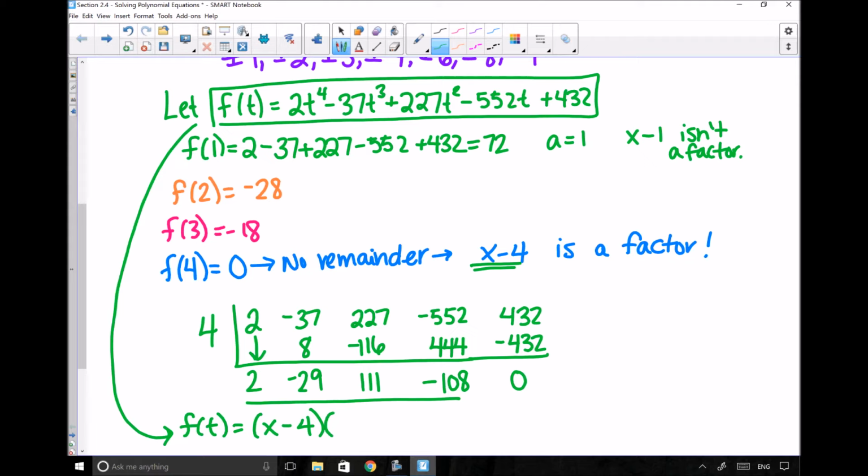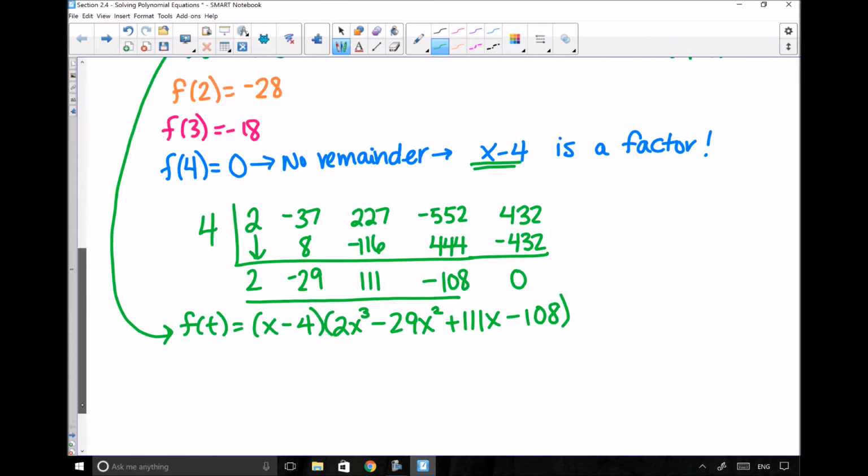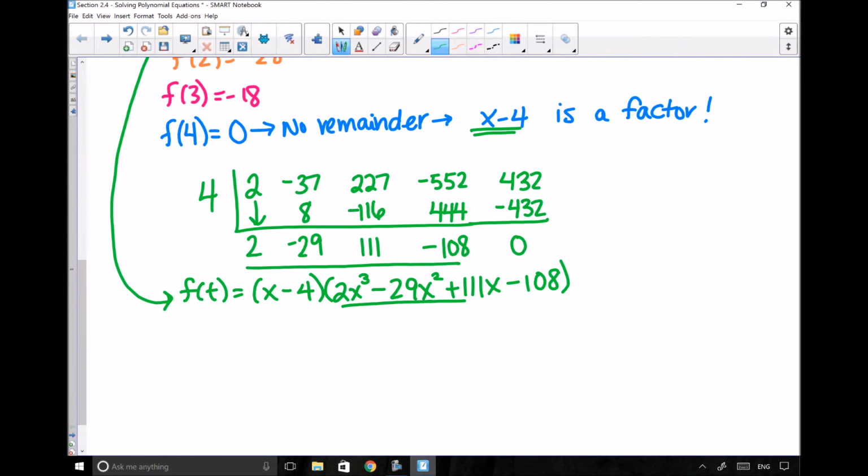This is the remainder, this is the 0 power, 1 power, second power, and this right here is my third power, this 2. So this is 2x cubed minus 29x squared plus 111x minus 108, okay? I'm getting closer to where I want to be. However, I need to continue to factor this.